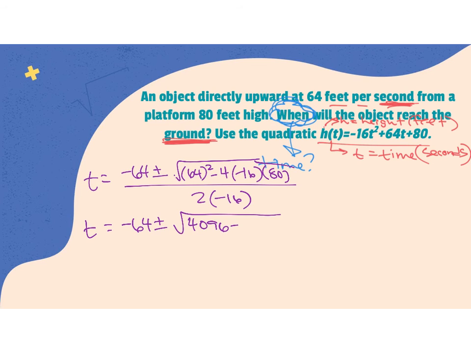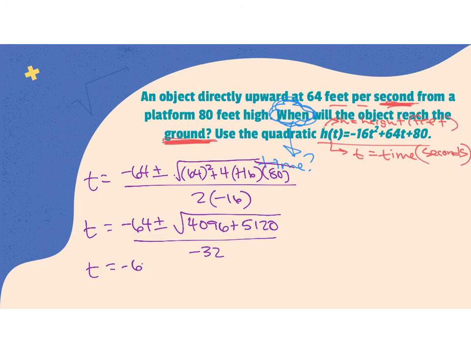And then I notice again that this is minus a negative, which is plus a positive. And I have 4 times 16 times 80, 5,120. And then 2 times negative 16 is going to be negative 32. Put that 4,096 and 5,120 together.